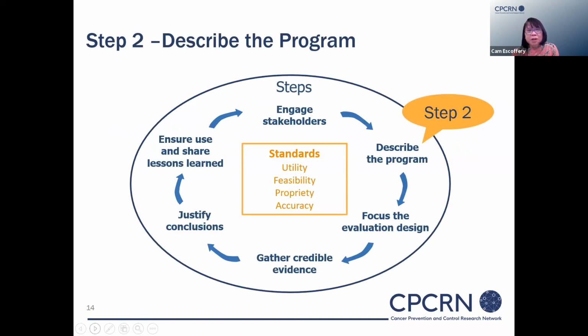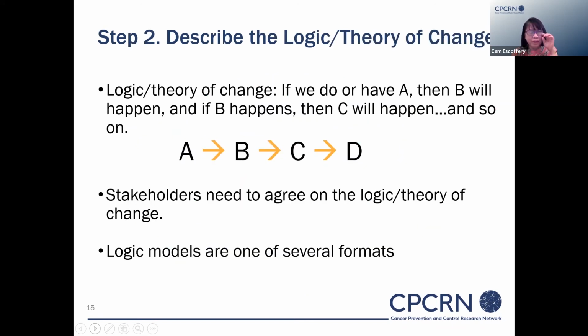So the next thing you want to do is to understand the program that you're evaluating. So this step is describe the program. One of the ways that we describe programs is not only the program description that might be in the intervention manual, but understanding the program from its mechanism. And we often call this the logic model or the theory of change.